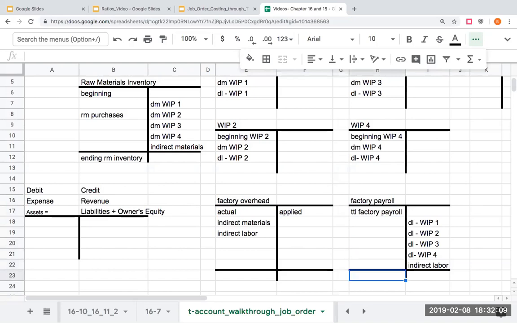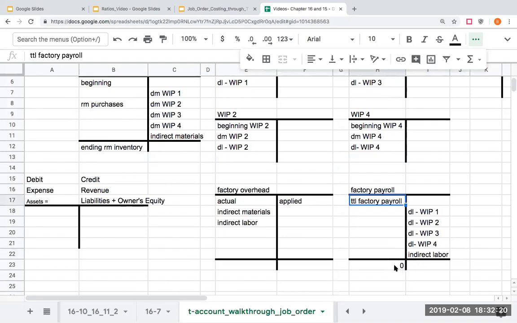Okay, so my factory payroll at this point in time should be 0 because the total factory payroll minus the direct labor minus the indirect labor ultimately should take me down to a 0 balance. So my total factory payroll, actually there's probably a better way I can write this. Let's see here. So I got total factory payroll.